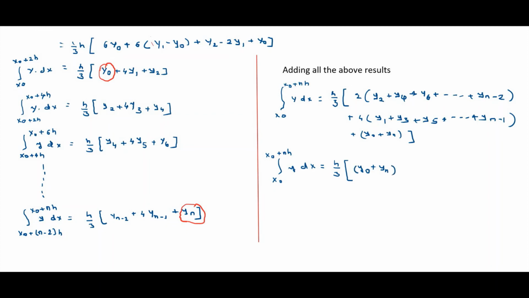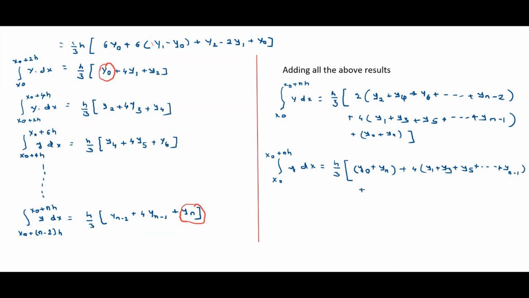Second, I will write the odd numbers, that is 4 times y1 plus y3 plus y5 plus and so on, plus yn minus 1. I have written only the odd values, which get 4 times.